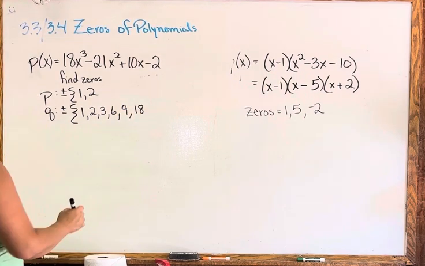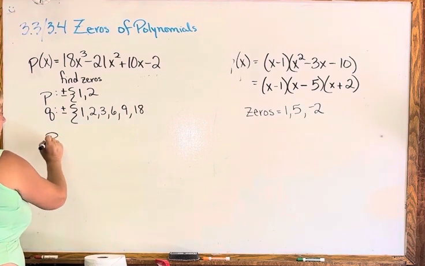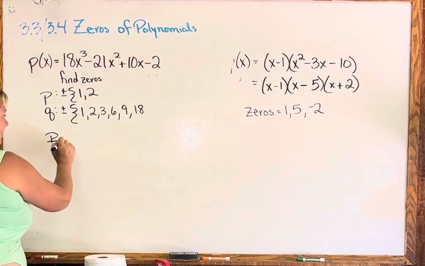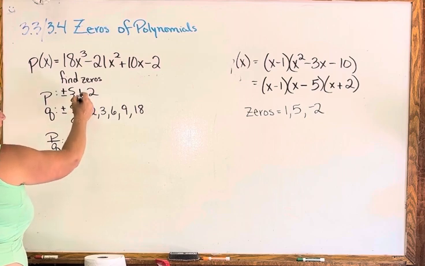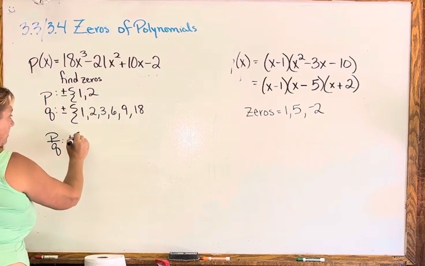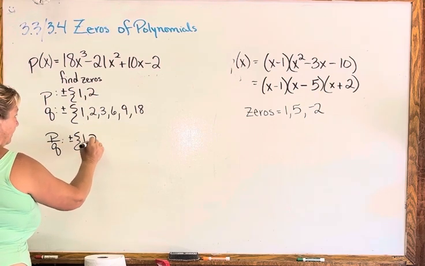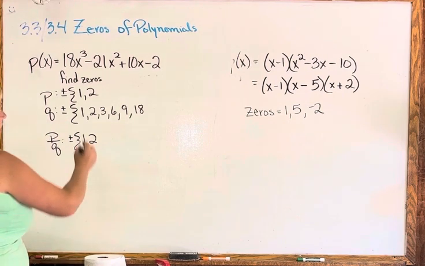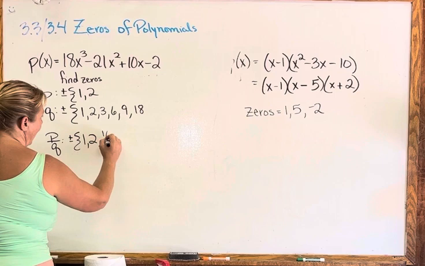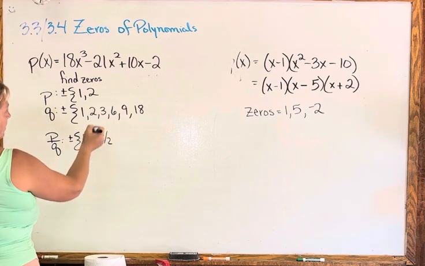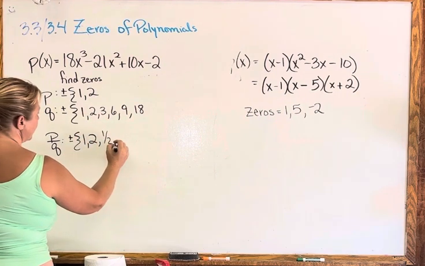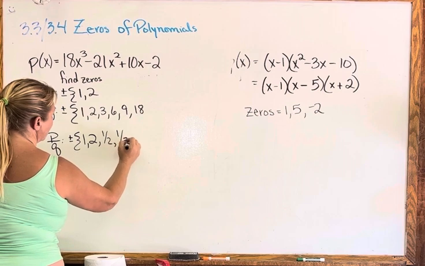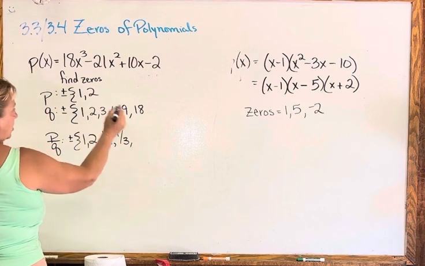Not so nice. So now we have to create all these little fractions. So we're going to have 1 over 1 and 2 over 1. Notice all of the rest of them are going to be fractions. So we're going to have 1/2, and 2 over 2 is 1. Then we're going to have 1/3 and 2/3.